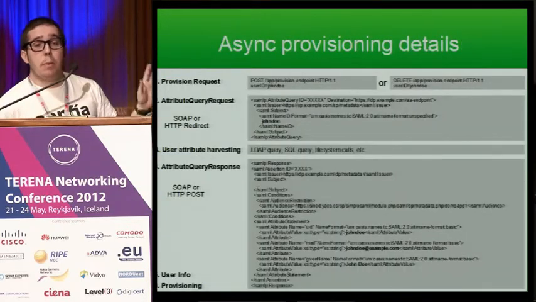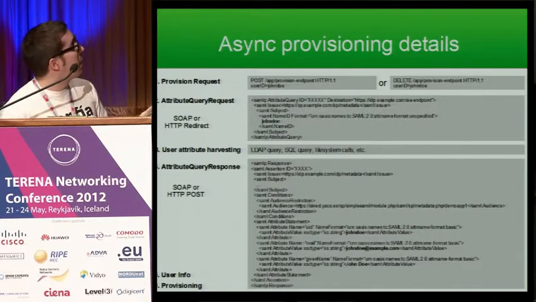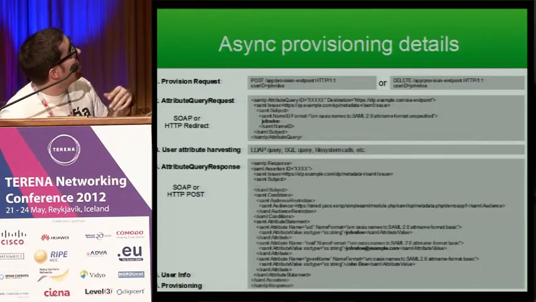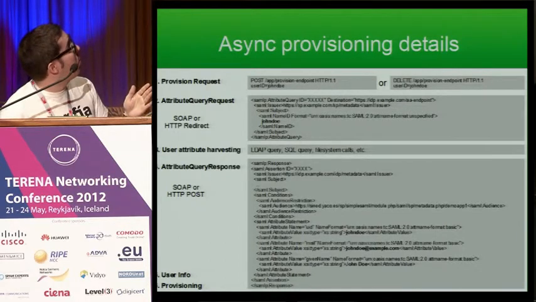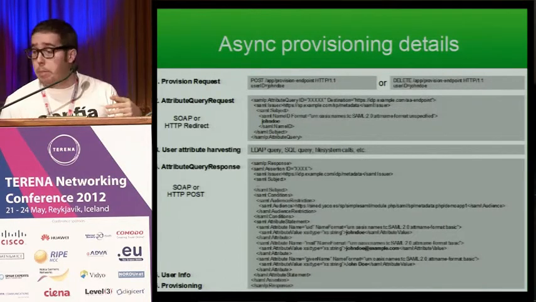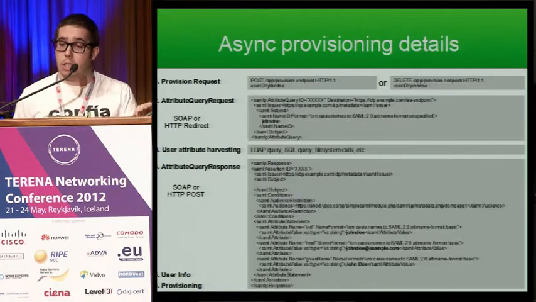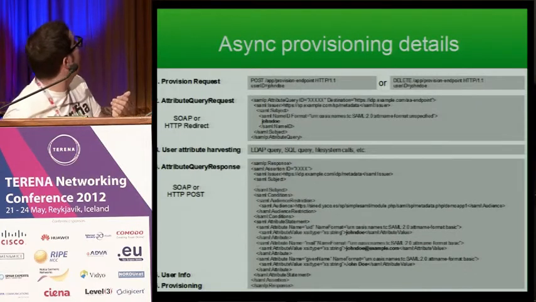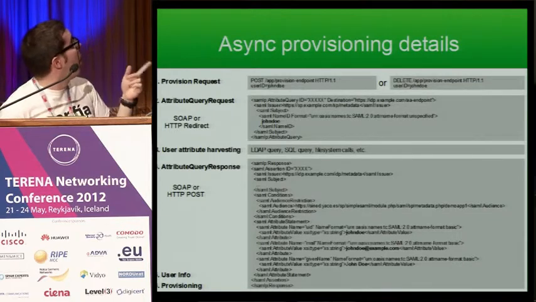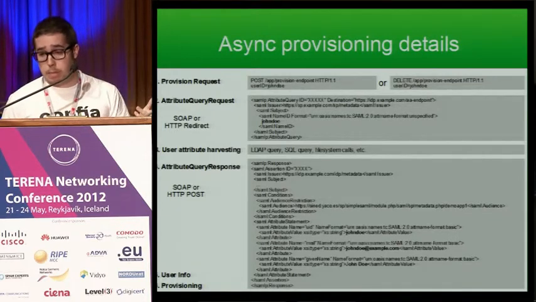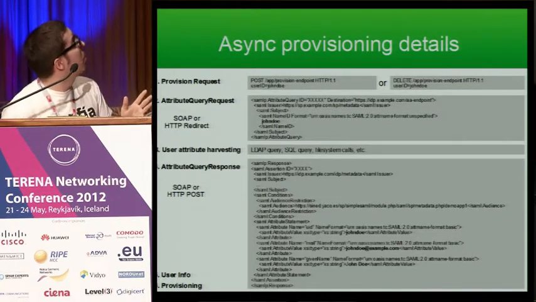If you want to see more details of this communication, you can see that in the first case, we are doing an HTTP POST or DELETE, depending on whether we want to provision or deprovision the user. Then the attribute query, you can do it with SOAP or HTTP redirect, but the spec says you should use SOAP.